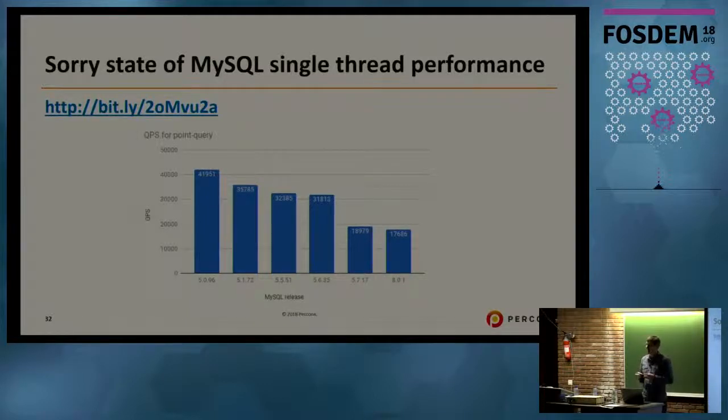So I think that is something we would like to see reversed. And it doesn't have to be this way. There is another database called SQLite, which is able to both add new features in new releases as well as have single thread performance get better release after release.